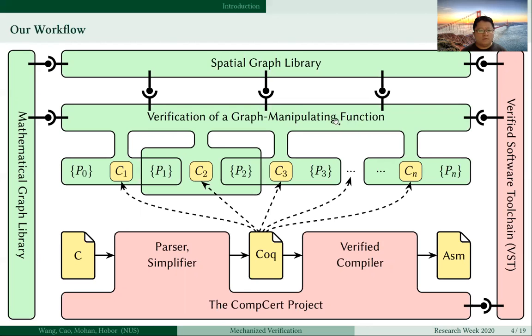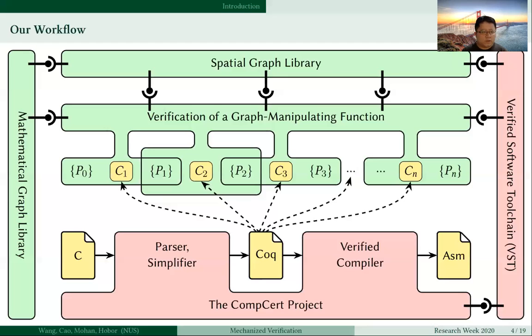For a function, given the precondition P0 and the post-condition Pn, we verify it by verifying each whole triple of the commands. We can see the whole triples are interlocked. So they interlock together to finish the whole verification.